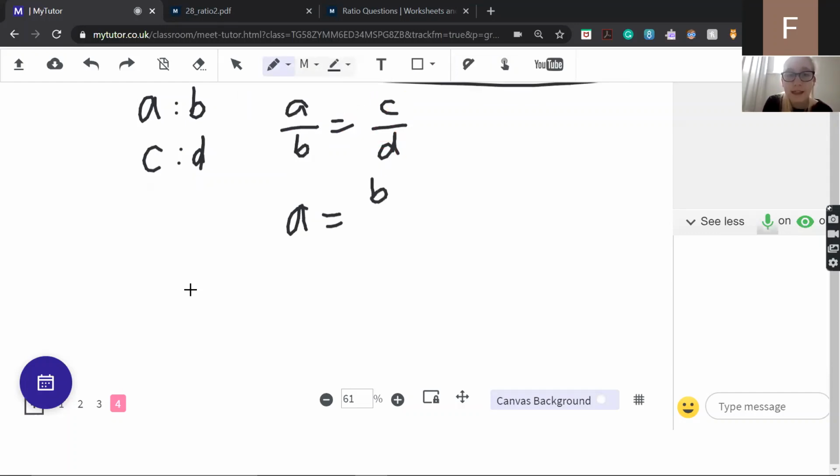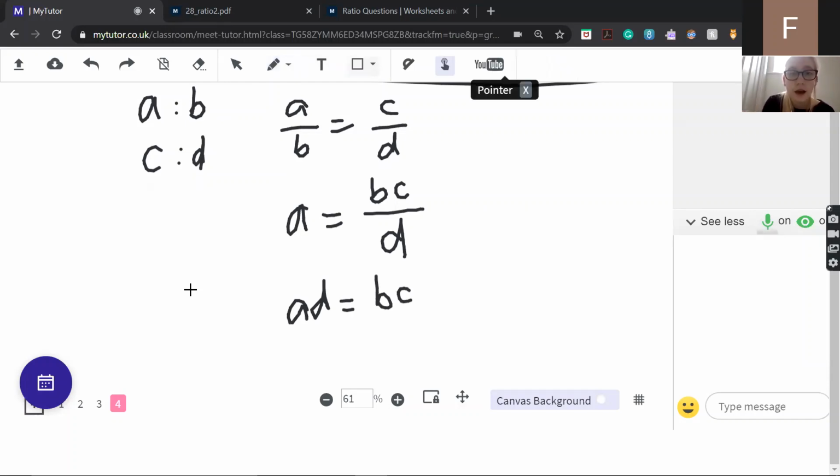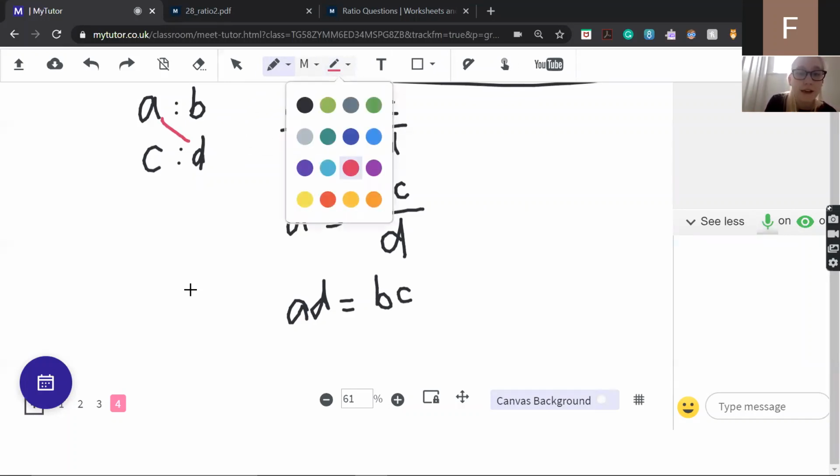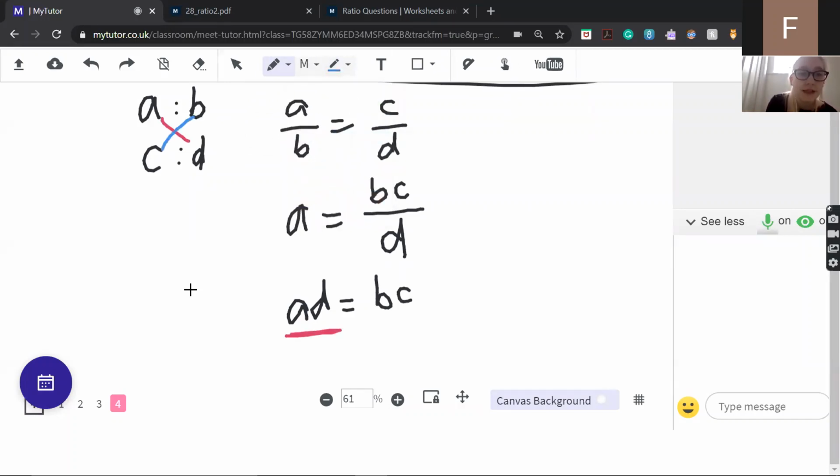So we get that A is equal to BC over D. And then in a really similar way, we're going to multiply it by D. So we see that AD equals BC. So we get AD, those two multiplied, is equal to BC, those two multiplied.